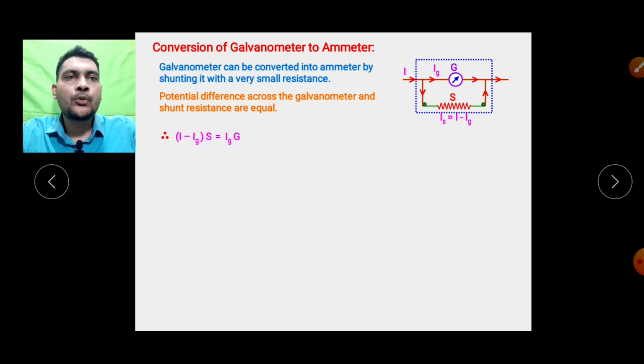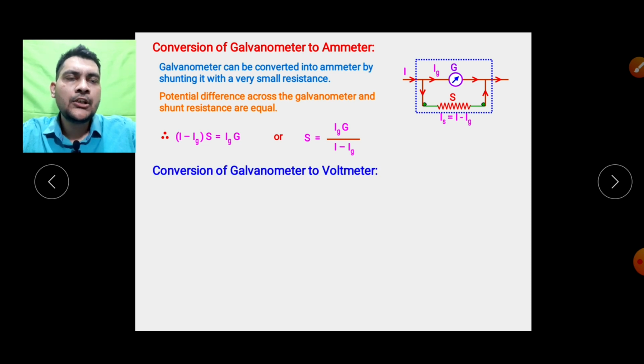Potential drop in the shunt is current multiplied by resistance, I minus Ig into S, and potential drop in the galvanometer is Ig into G. So what is the value of S now? The shunt resistance to be connected is S equal to Ig into G divided by I minus Ig. This is the method of converting the galvanometer into an ammeter: simply connect the shunt resistance in parallel with the galvanometer.